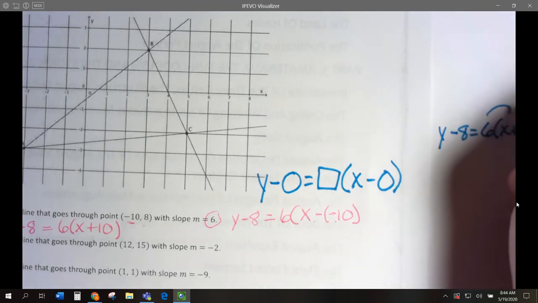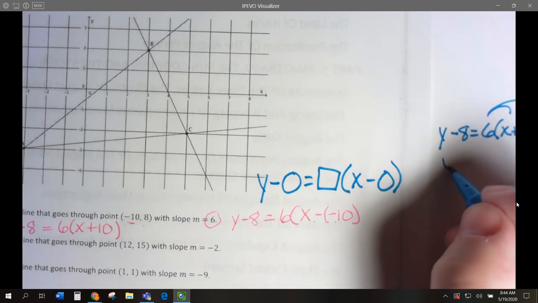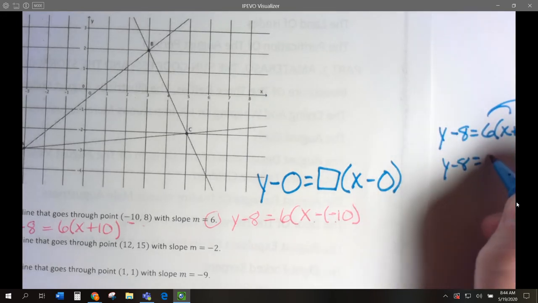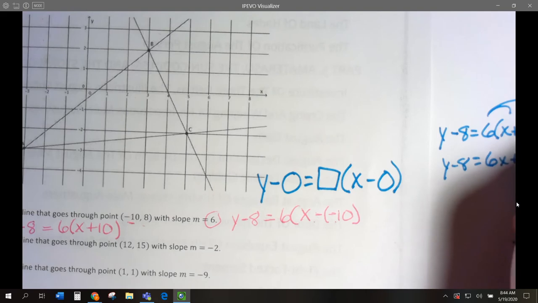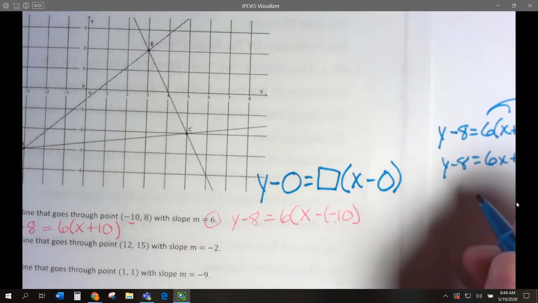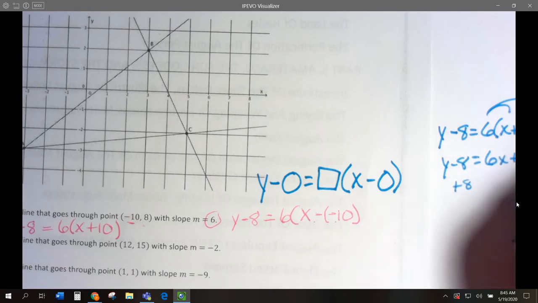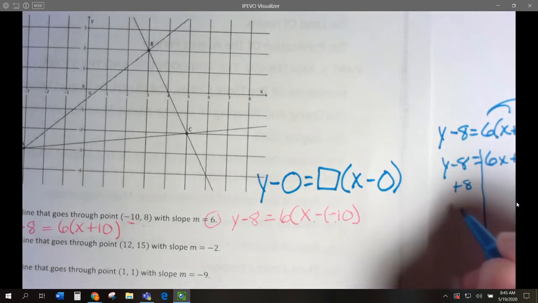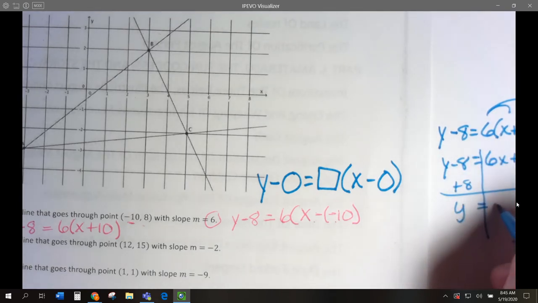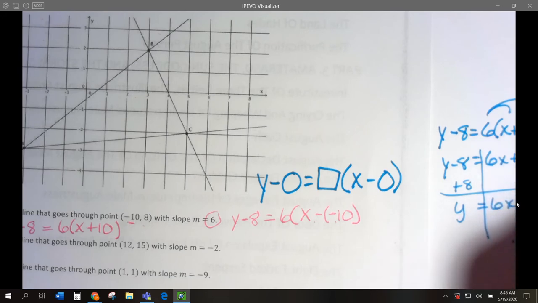We have to do our distributive property. Y minus 8 equals 6x plus 60, right? 6 times 10 is 60. We got to add 8 to both sides. And y equals 6x plus 68.